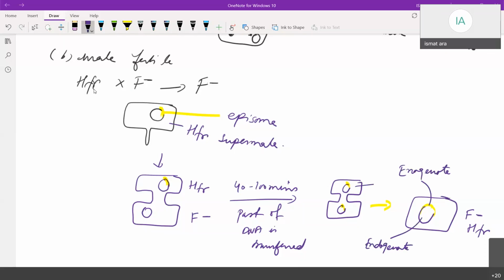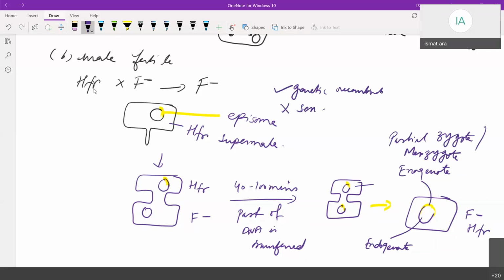So this condition is called partial zygote, or better to say, it is called merozygote condition. Now here, students, genetic recombination takes place, but sex duction is absent here.